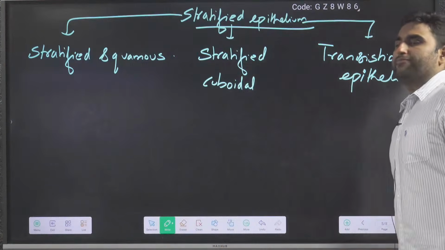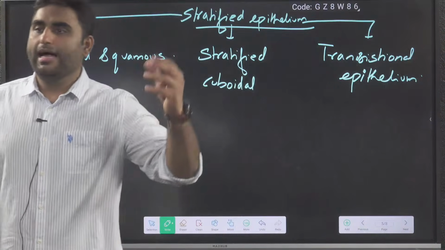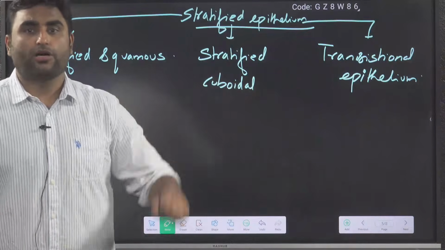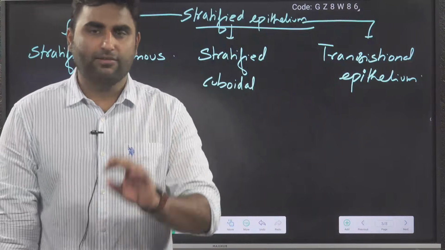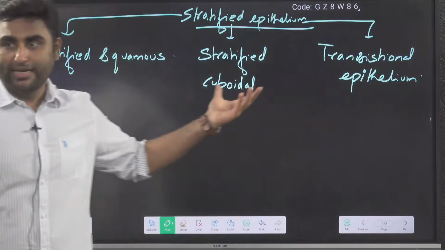So three types I am writing in compound epithelium: stratified squamous, stratified cuboidal, and transitional epithelium. Sir, this much is not given in the NCERT. It is given, but in the NCERT example form. So you should know a little bit of data.